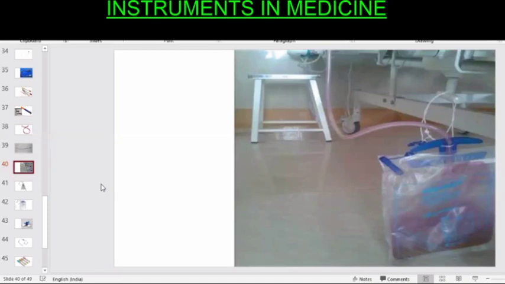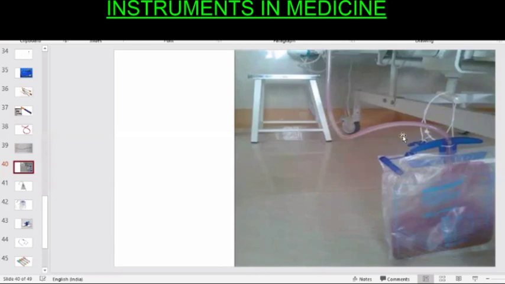You can know the drainage in 24 hours, the urine output in 24 hours, the amount of ascites, or you can measure the amount of abscess also, especially in liver abscess patients. Since it is transparent, you can not only measure, you can see the consistency, the content, the viscosity, and the color of the liquid collecting in the bag.